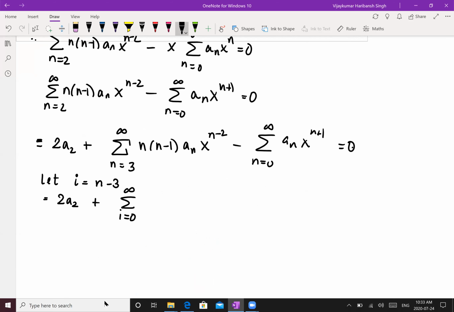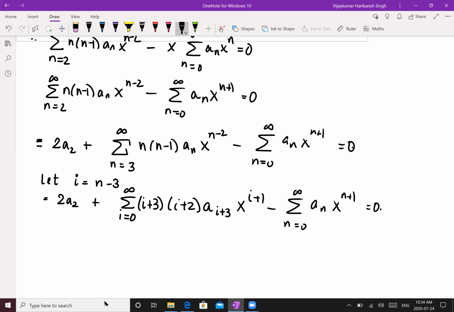So n becomes i plus 3, times i plus 2, times a of i plus 3, x to the power i plus 1, minus summation n equals 0 to infinity a_n x to the power n plus 1, equals 0.